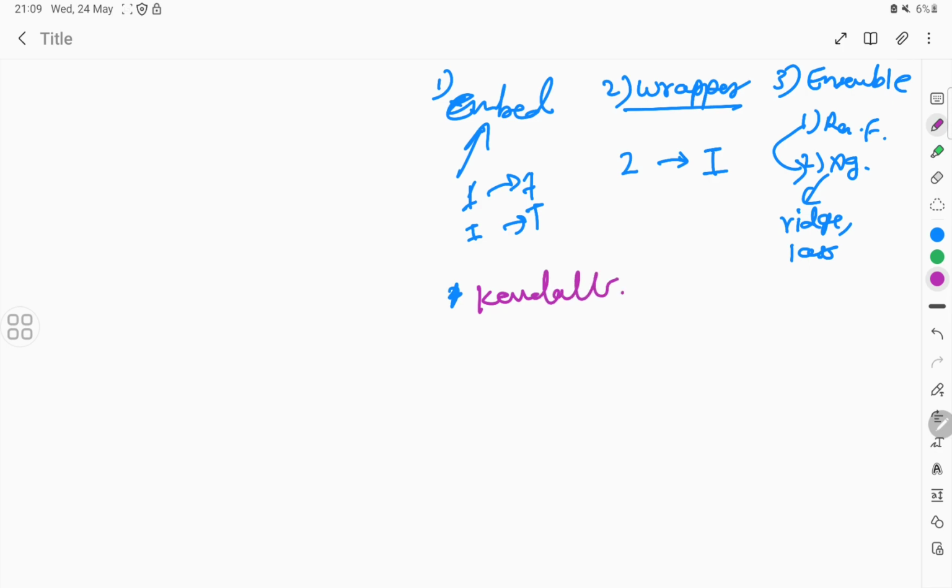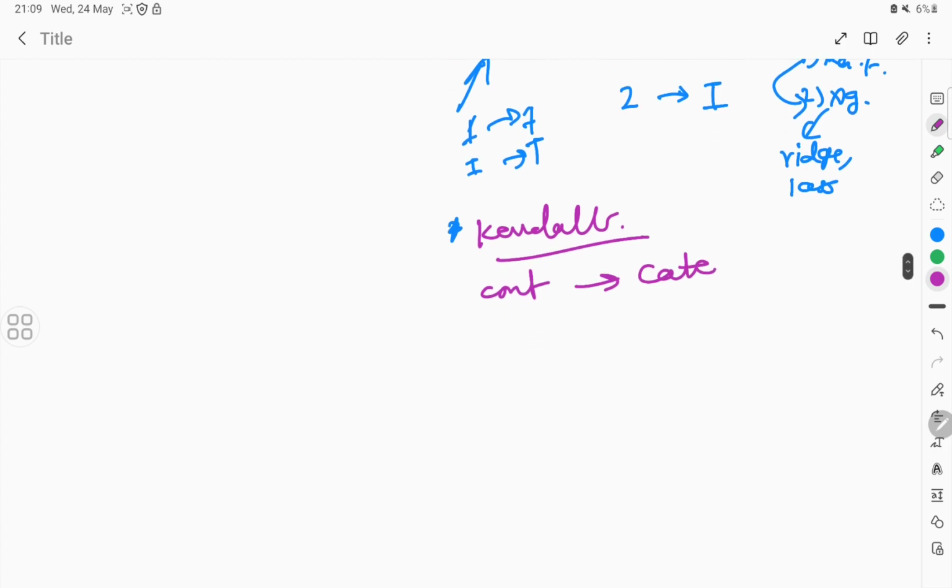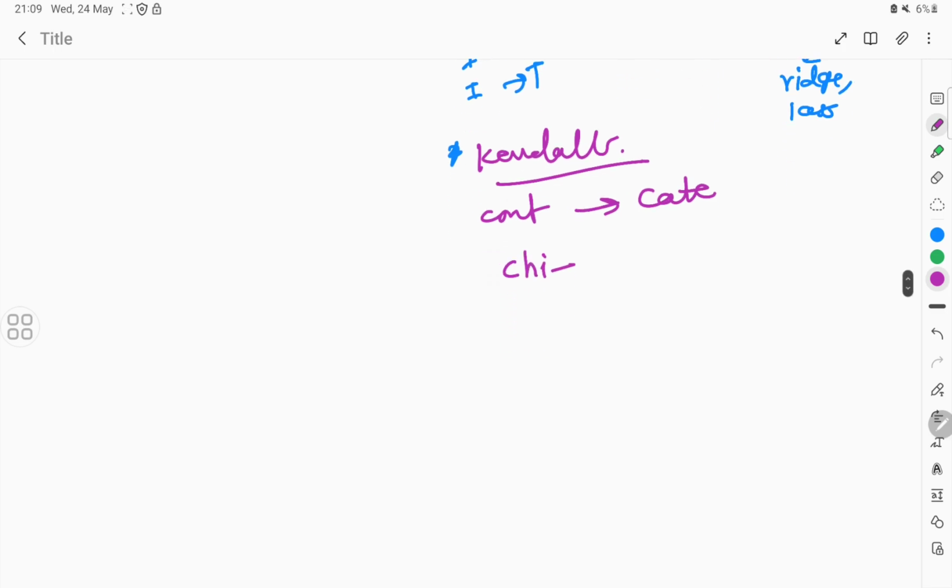If one independent feature is continuous and your target value is categorical, then Kendall is used. If both dependent and independent are categorical, then chi-square is used. If both are continuous and dependent on each other, then the Pearson coefficient is used.